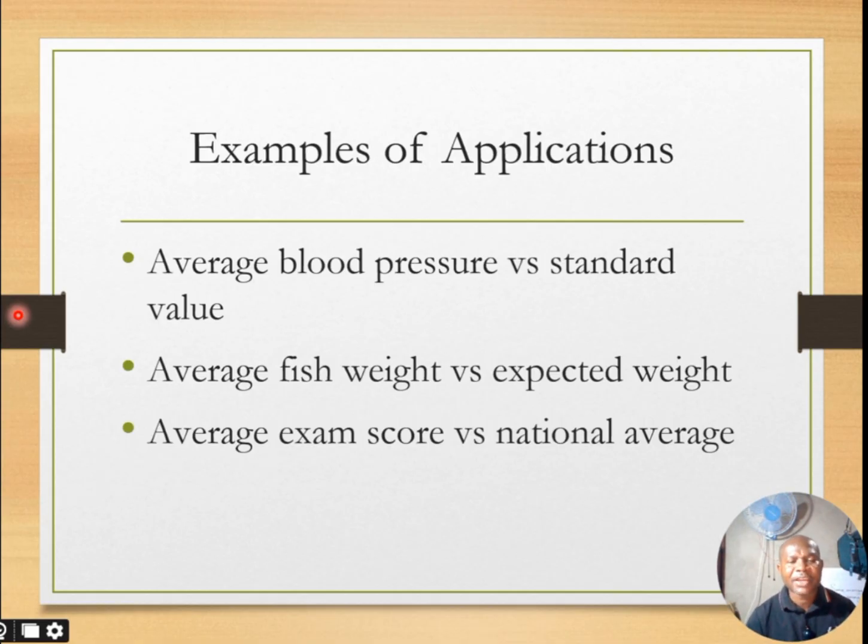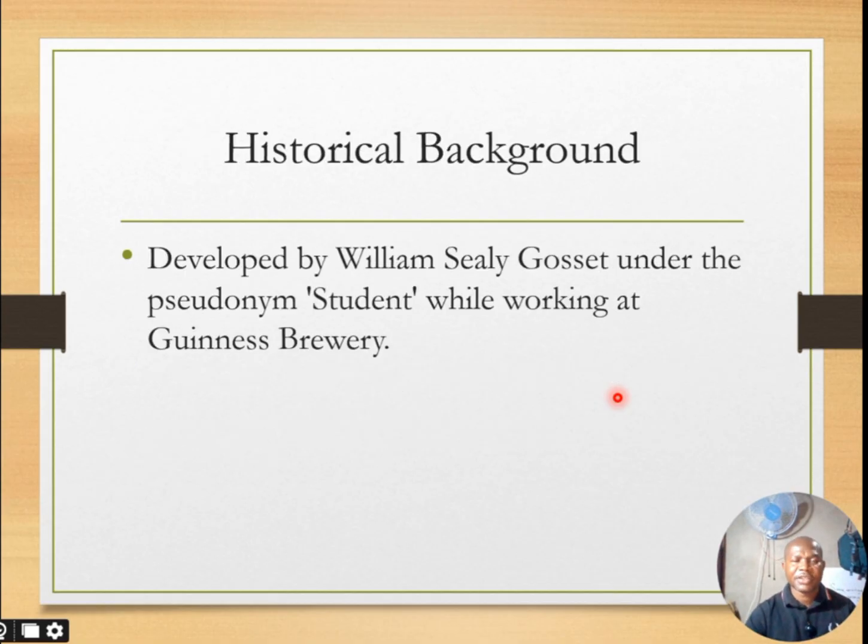Or we have an average fish weight versus the expected weight. Let's say we have fed our fishes with a particular feed, and we got an average fish weight after feeding them, but ideally, this is what we should expect, so we want to know if there's a difference. And also we have average exam score versus national average. So these are different applications of our one sample t-test.